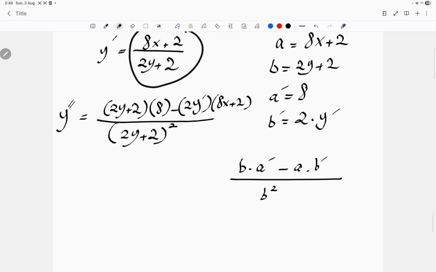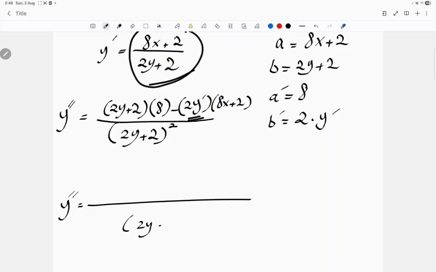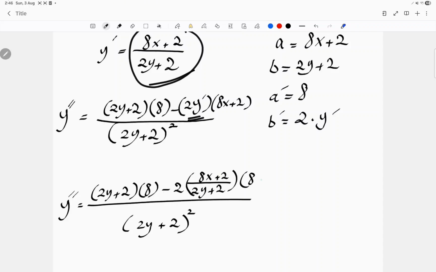There's only one, yes. So we're going to say now 2y plus 2 squared. We're going to have 2y plus 2 times 8 minus 2 times y prime times 8x plus 2.